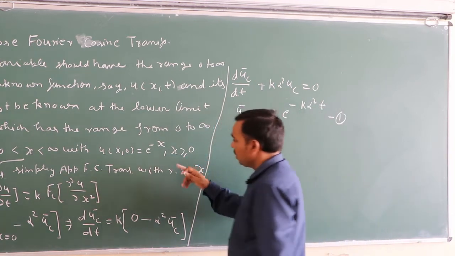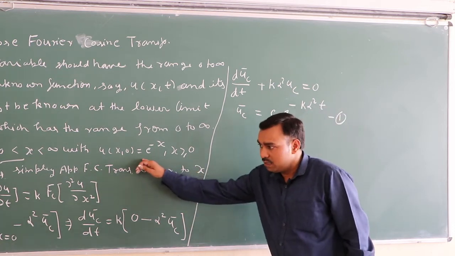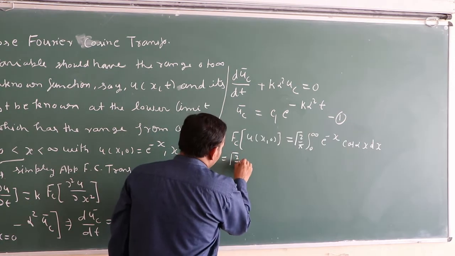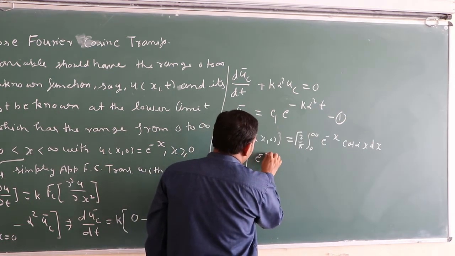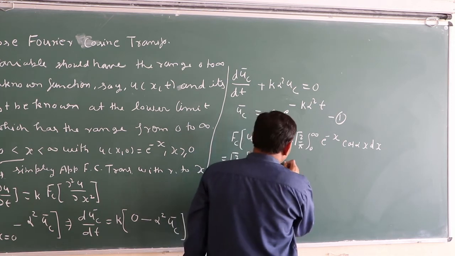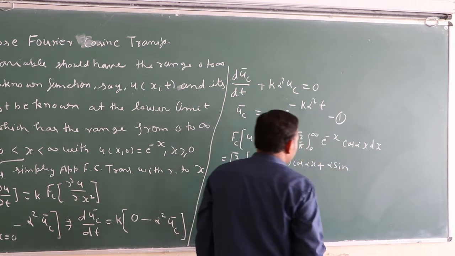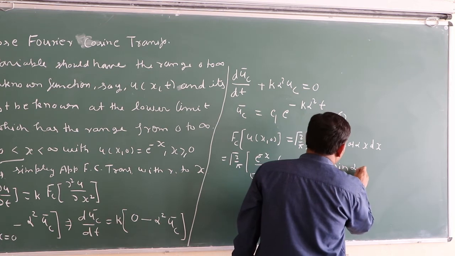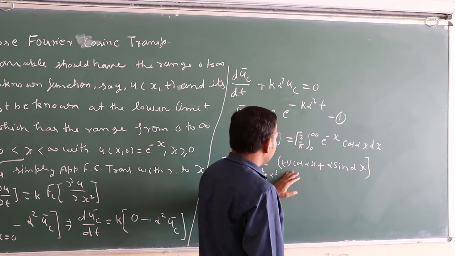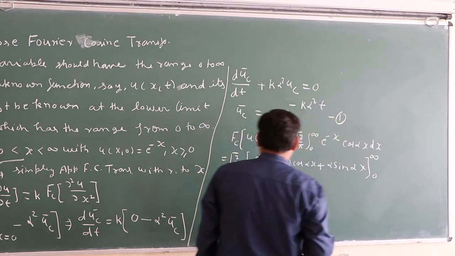So we apply the Fourier cosine transform on u(x,0). The Fourier cosine transform is square root of 2 upon pi times the integral of e^(-x) cos alpha x, whose value is e^(-x) times (-cos alpha x + alpha sin alpha x) over (1 + alpha squared), with limits 0 to infinity.